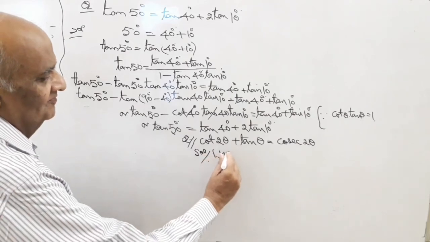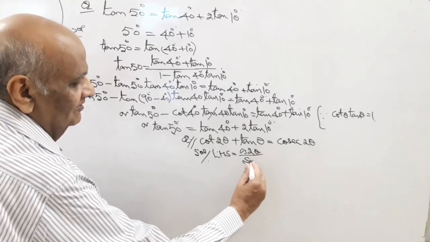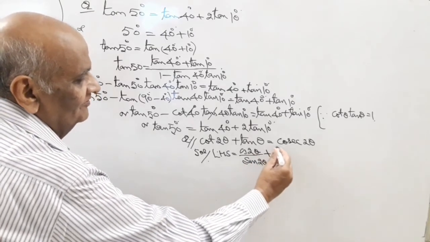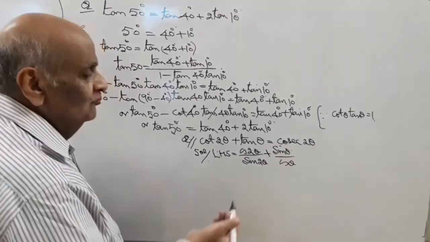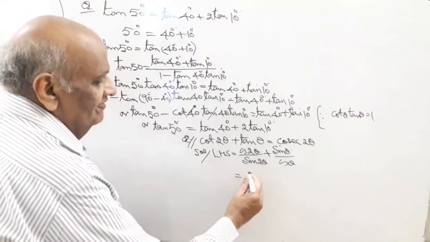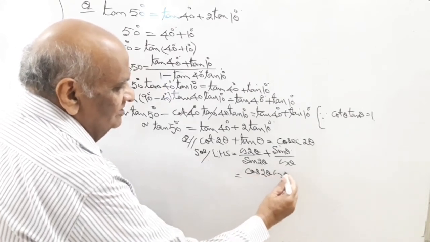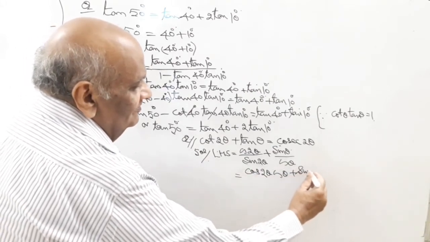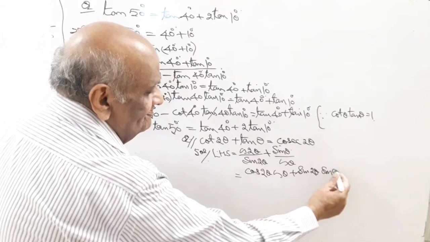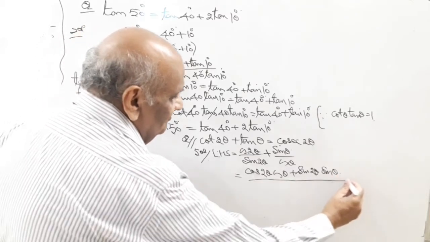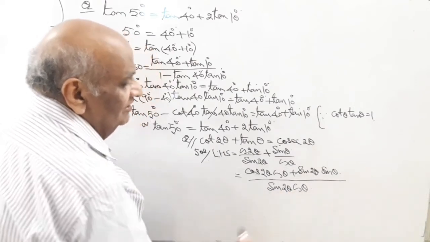Left-hand side: it is cos 2 theta upon sin 2 theta plus sin theta upon cos theta. Change it to sin and cos. This will be cos 2 theta cos theta plus sin 2 theta sin theta upon sin 2 theta cos theta. Then you take the LCM.